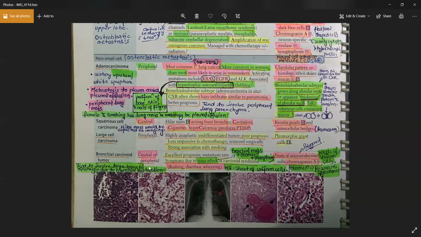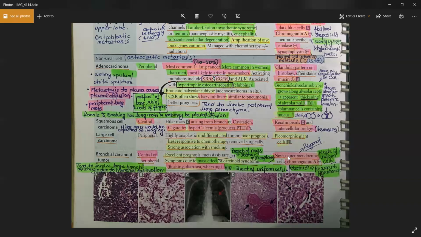And because all the carcinoid tumors are a part of your neuroendocrine tumors, these tumors will also be positive for chromogranin A, neuron-specific enolase, synaptophysin, right? Just like any carcinoid tumor, you will find islands of tumor cells, which are bluish cells having a salt-and-pepper appearance, with some granular cytoplasm in the center of the cells.